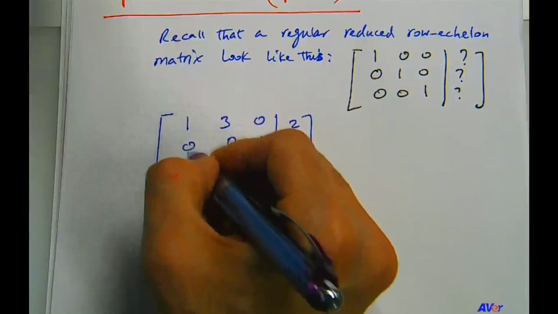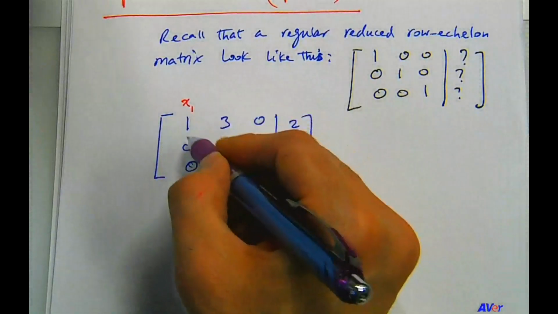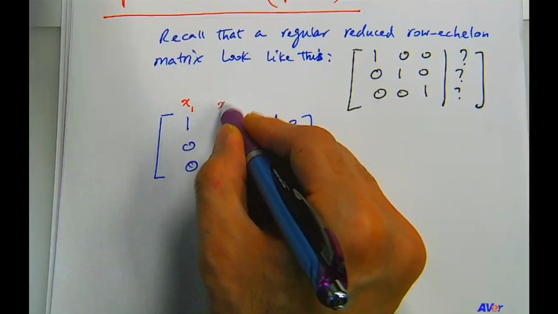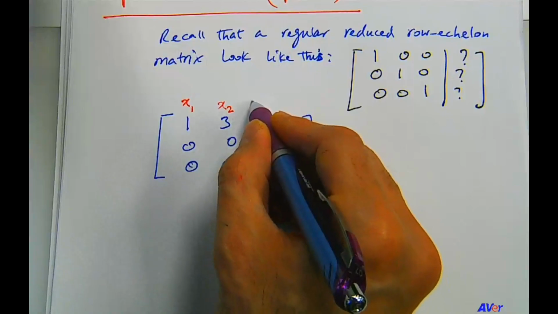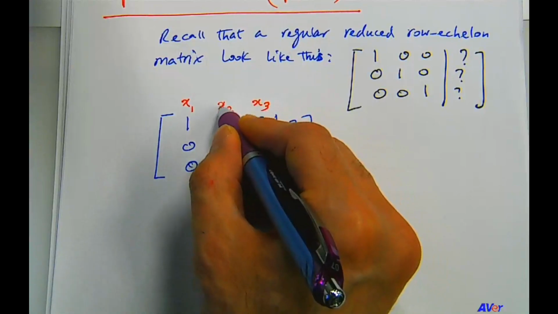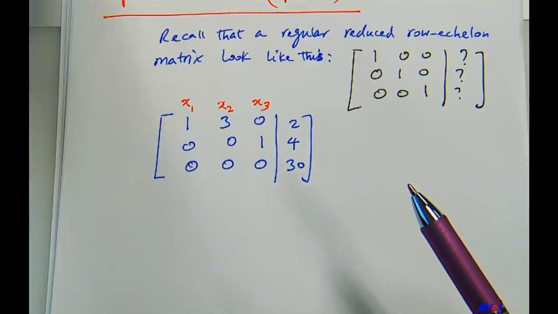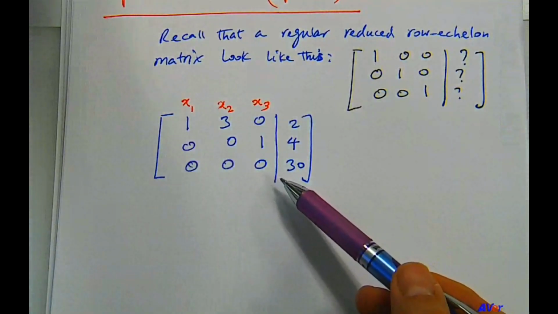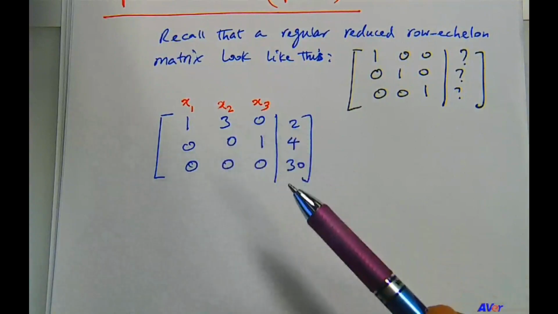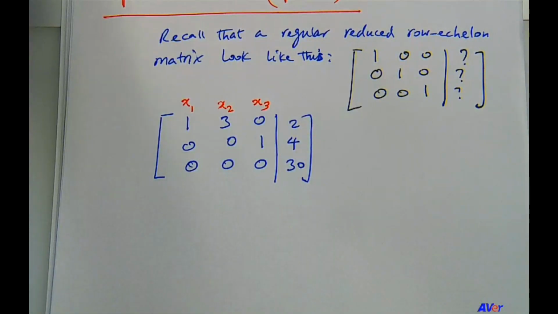And recall that these would be the coefficients of variable x1, coefficients of variable x2, and coefficients of variable x3. So we used the Gauss-Jordan method apparently, and we ended up with a matrix like this. So this is a reduced row echelon form.